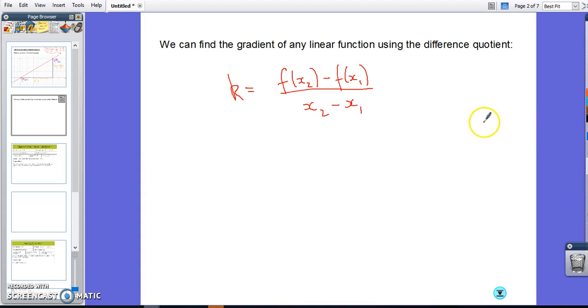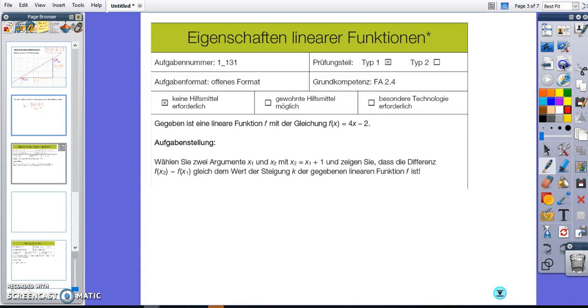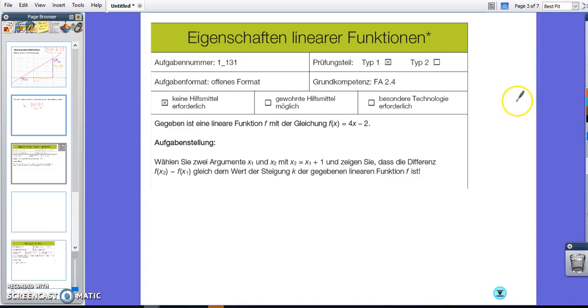I've taken 2 example exercises from the BIFIE, the people who write the final school leaving exams for Austria, so that you can see that this can be used in different ways as well. So this exercise here is a type 1 exercise, and we have this linear function here, f of x is equal to 4x minus 2.